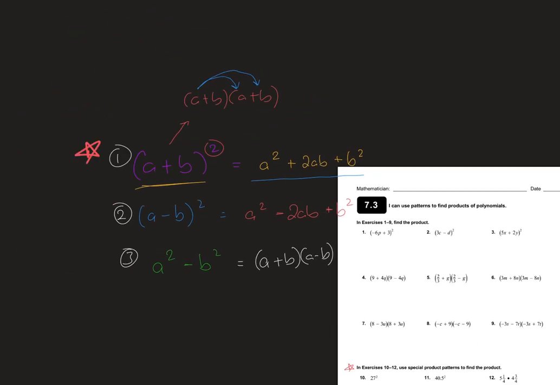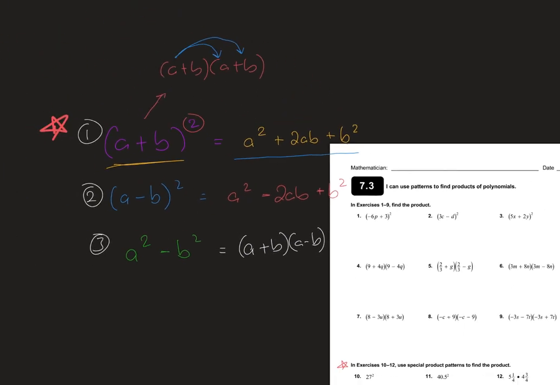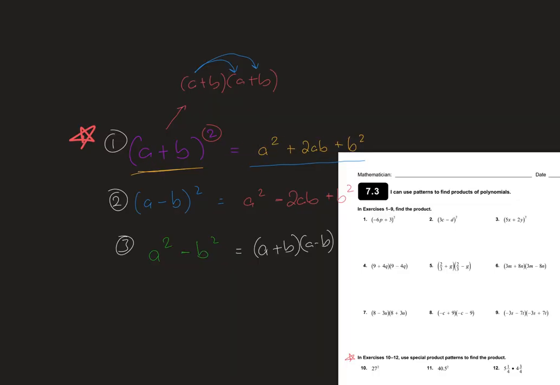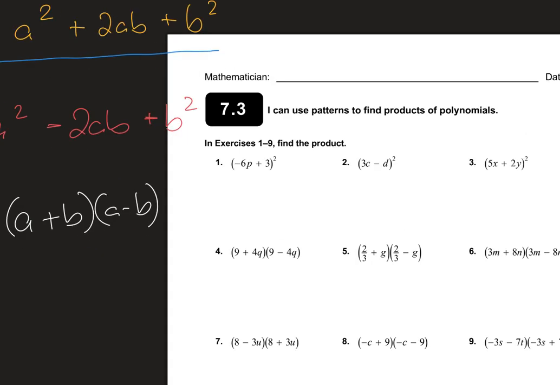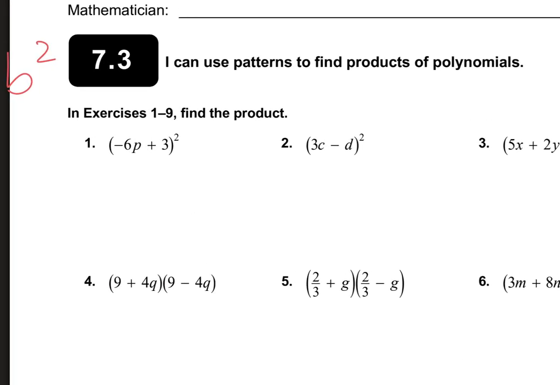In fact, if you want to, stop the video and copy down patterns 1, 2, 3, because that's what you're going to be using to do this assignment, because everything will fit one of these. So for number one, I have (-6p) squared plus 2 times -6p times 3 plus 3 squared. I didn't put it in parentheses; I probably could or should have.